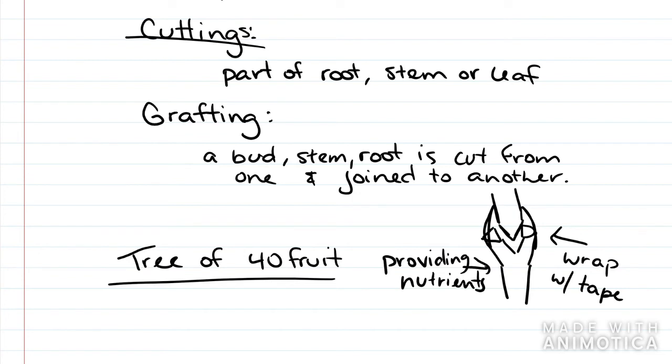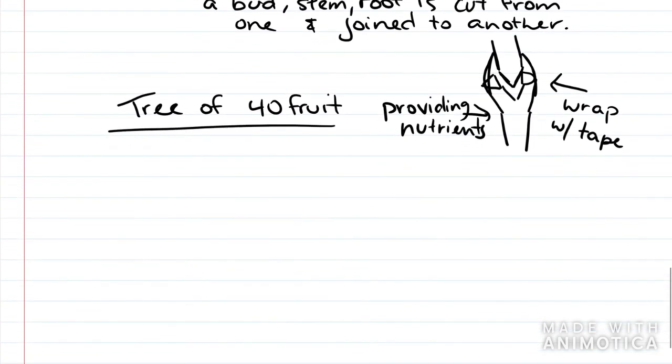Could you imagine being able to go to Centennial Island Park and see this tree that has 40 different fruit growing on it and anyone has access to? So, like I said, I'll try and link that in the description below.